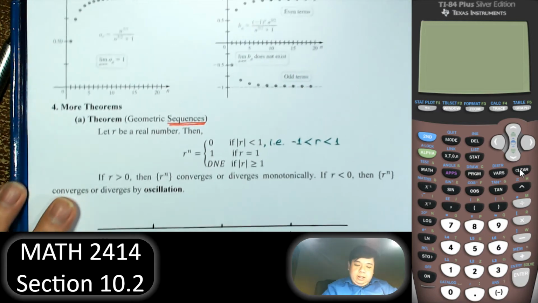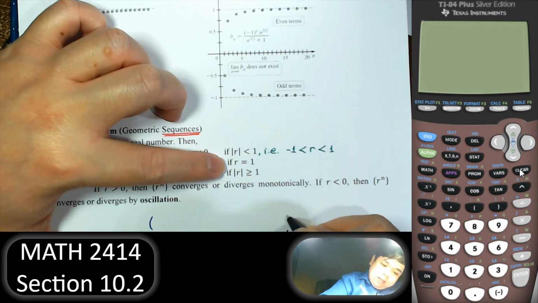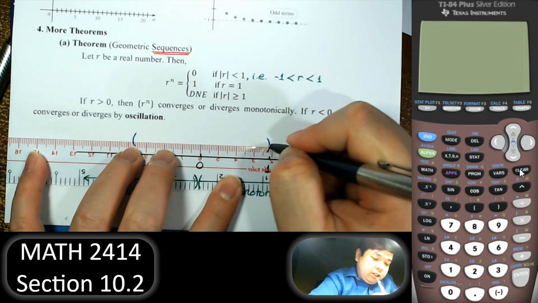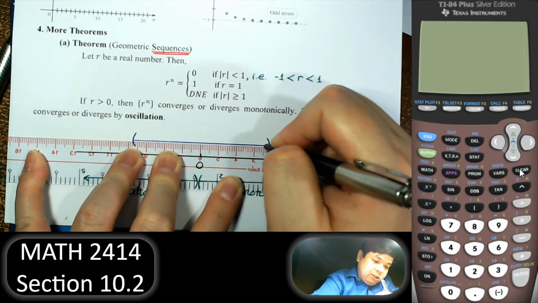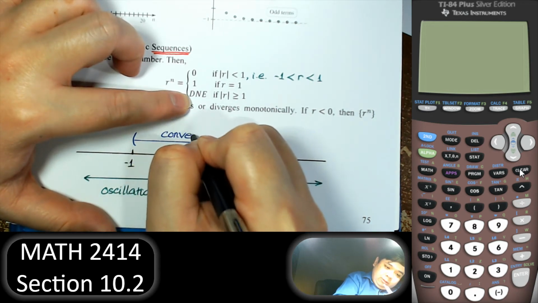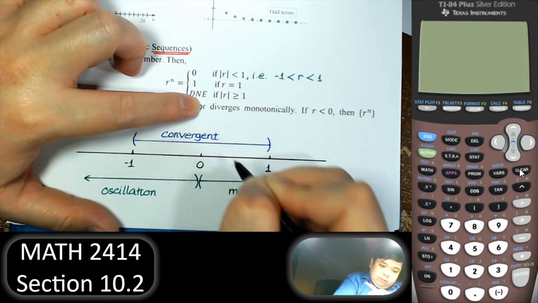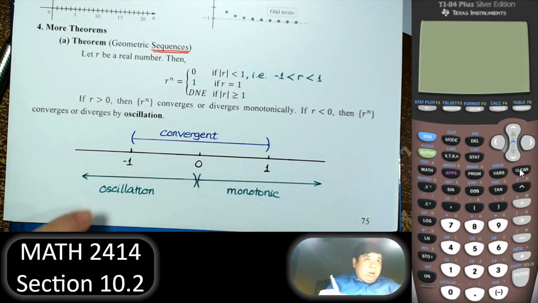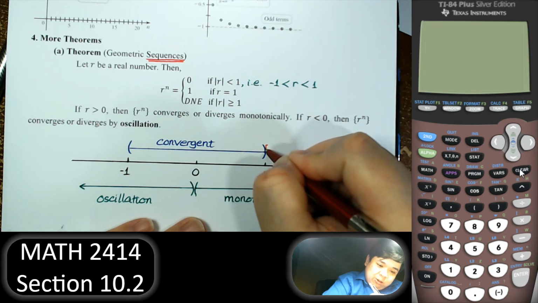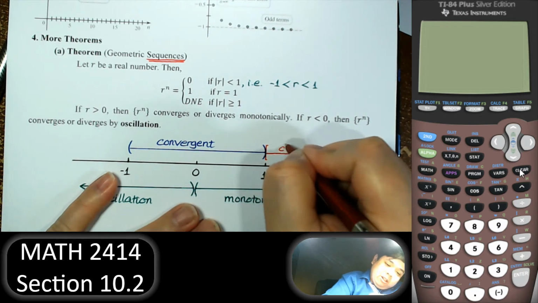Right. Next, within -1 and 1 is convergent. When it is greater than or equal to 1, including the 1, it is divergent.